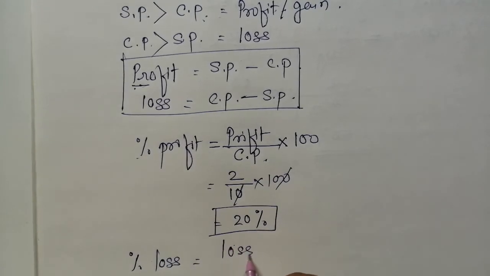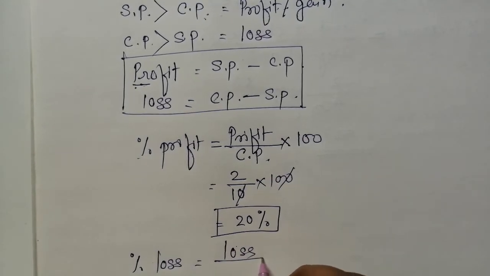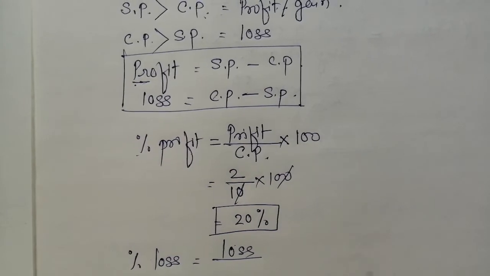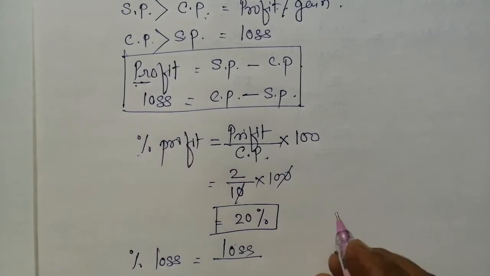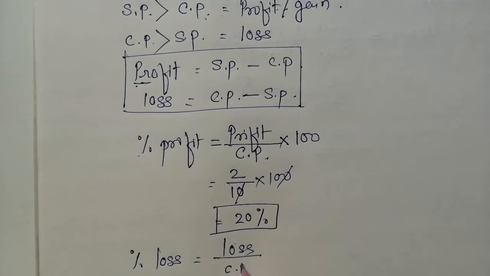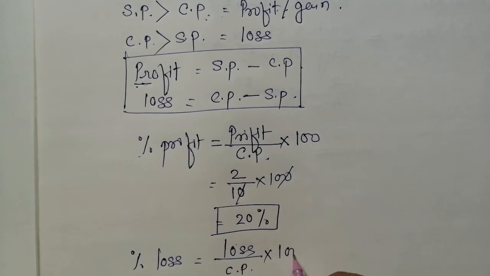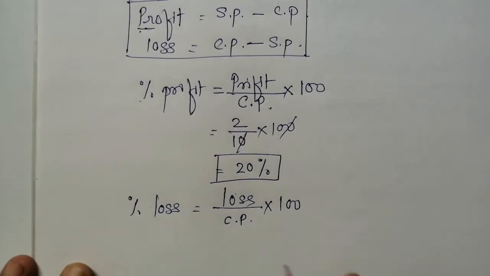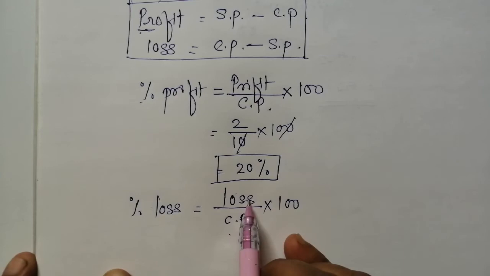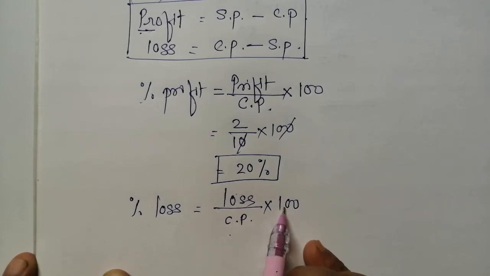Whatever loss you got, that loss will be on what price? That will be divided by CP and multiplied by 100. For this cost price the loss is this, and so for 100, how much?